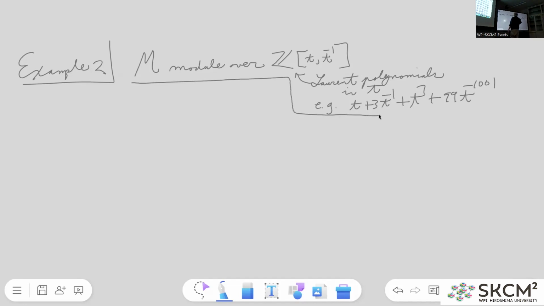If you're maybe feeling rusty about your modern algebra and you're wondering what's a module, well, a module is just like a vector space. It means that elements of this can multiply elements of this. So these are the scalars, and these are the vectors. M is an additive abelian group. You can add them, just like vectors.